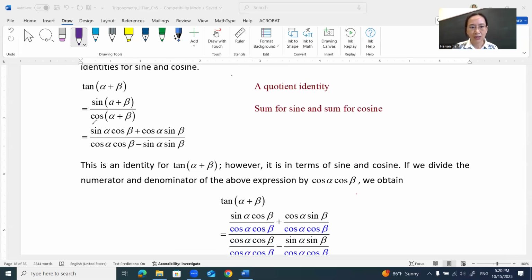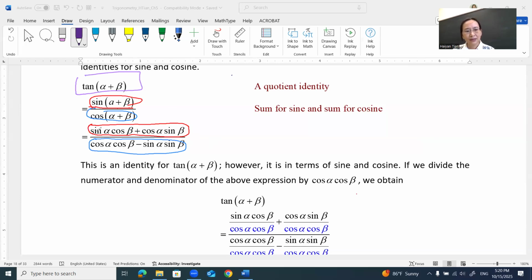So here the numerator is by the sine formula of a sum, right? And the denominator, this part, is the cosine formula for the sum. So we replace, and then we get this formula, a formula for tangent of a sum.